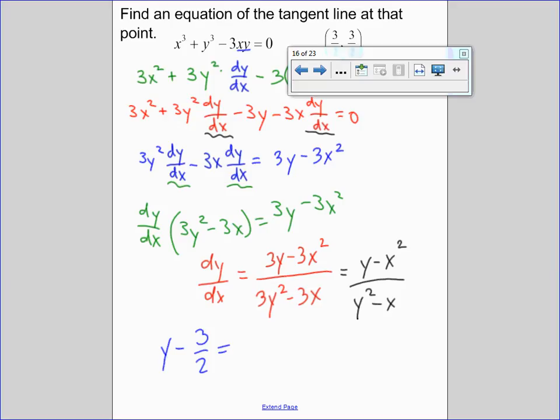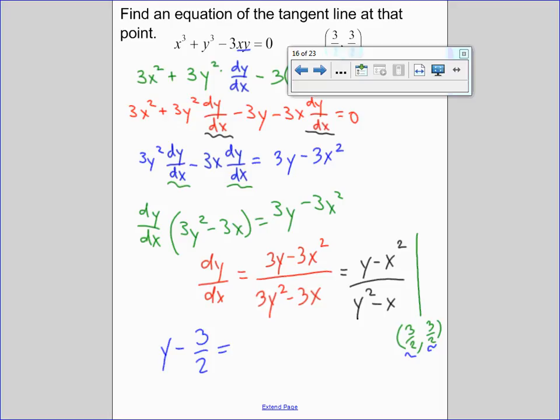So in order to get my slope m, I need to evaluate this at the 3 halves comma 3 halves. Can we do that? Certainly. I know that my slope of the curve is given by y minus x squared over y squared minus x. So I'll simply replace the y and the x with 3 halves and evaluate.